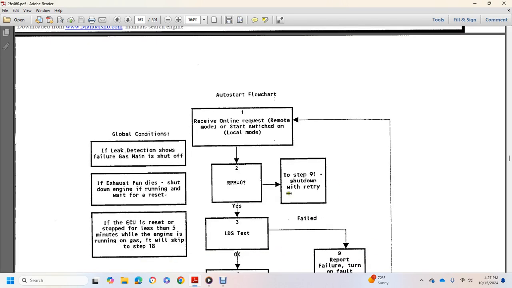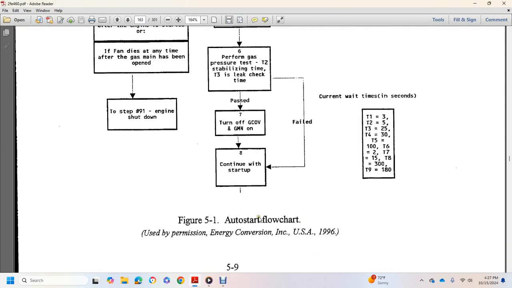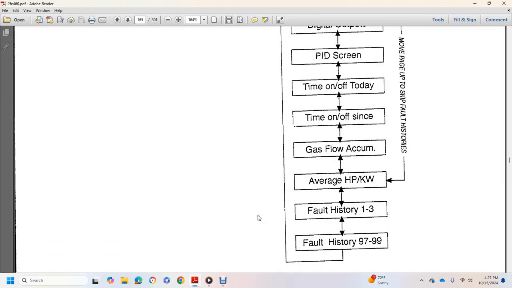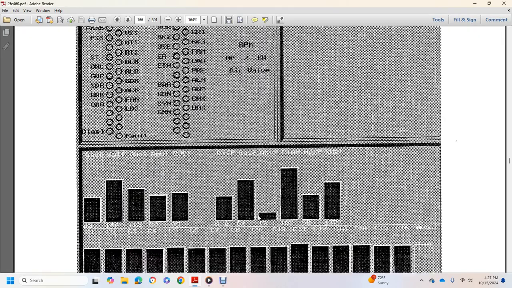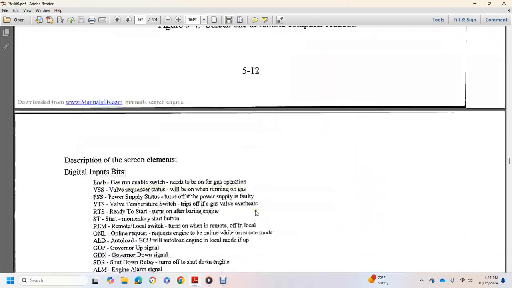This shows the automatic startup flow chart. 1. Receive online requests, RPMs, LDS, two-step shutdown, retry, fan test, LDS failures of the governor valve. Flow charts. What the screen looks like on the remote character.